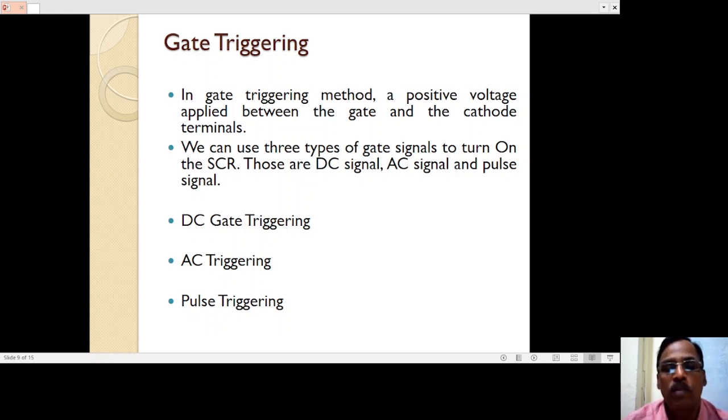The next most preferable method is pulse gate triggering. This is a very popular method, widely used nowadays.